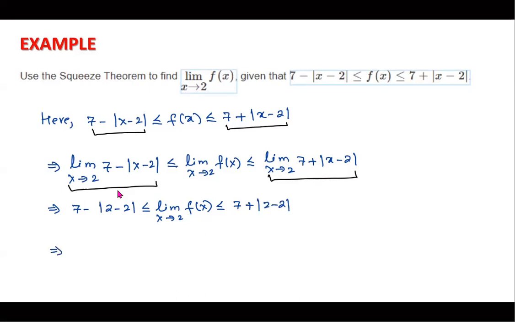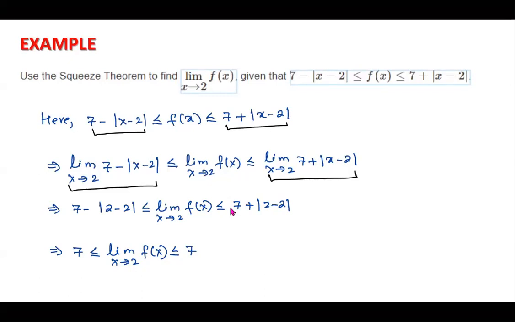So on this side, the absolute value of 2 minus 2 is 0, so 7 minus 0 is 7. 7 is less than or equal to the limit as x approaches 2 of the function, which is less than or equal to, on the other side, again 2 minus 2 is 0, the absolute value of 0 is 0, 0 plus 7 is 7. So that is what we get.